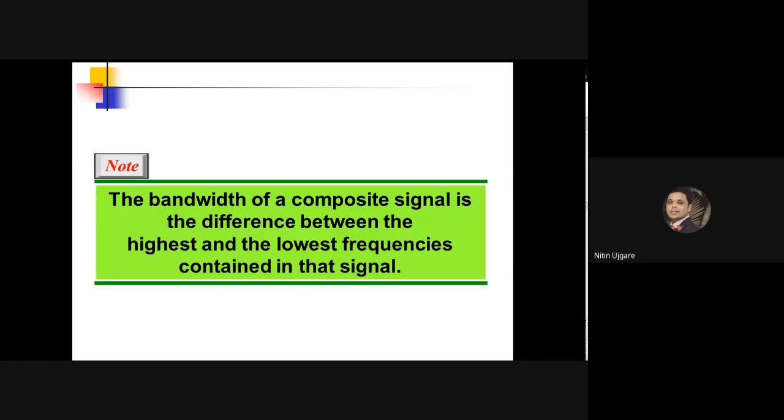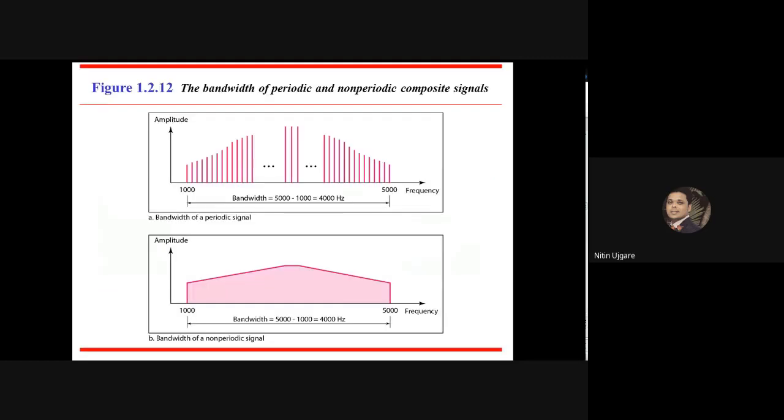The bandwidth of a composite signal is the difference between the highest and the lowest frequency contained in that signal itself. That represents the bandwidth. This is very important. So how do we calculate the bandwidth, provided that you have been given the lowest frequency and the highest frequency of the signal? The bandwidth is basically the difference of these two frequencies.